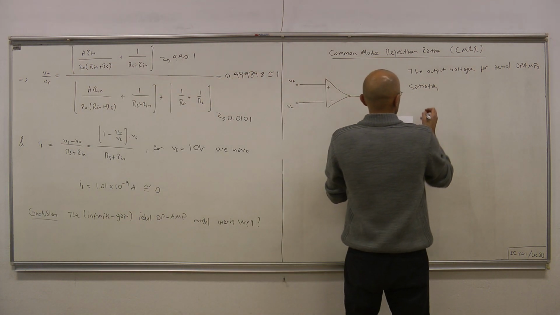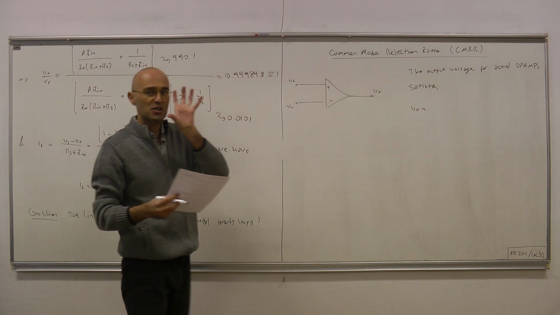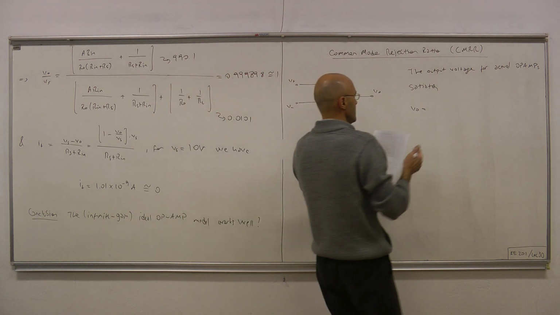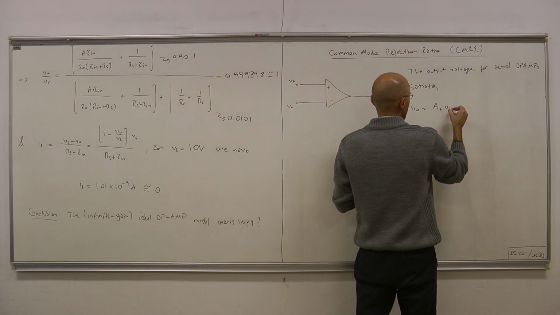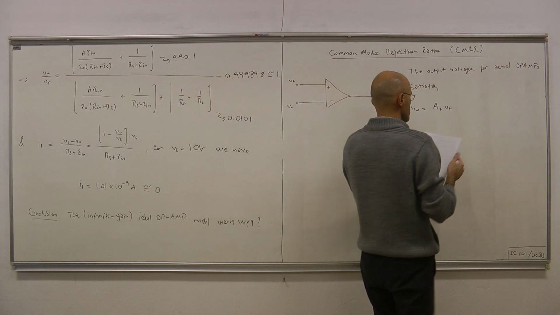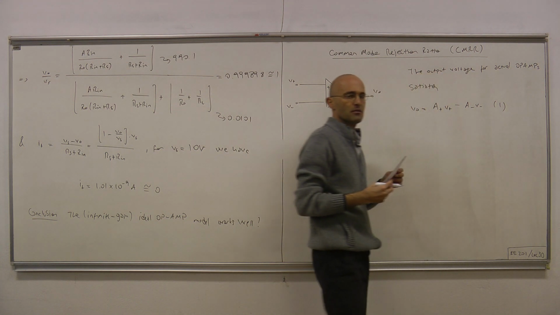That is, V out equals not some gain times difference, V plus minus V minus, but it looks a little bit more complicated. A plus times V plus minus A minus times V minus.